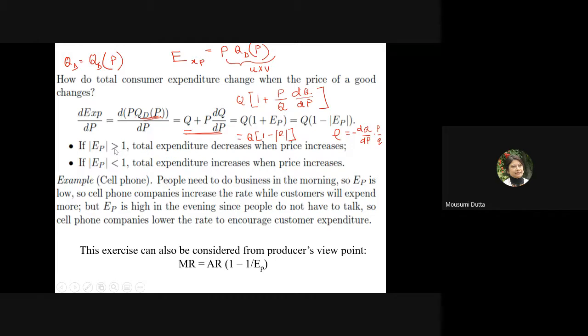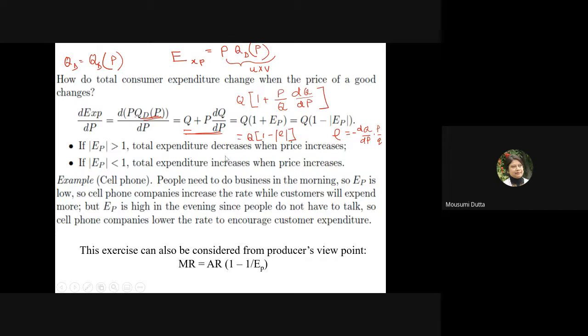If mod E is greater than 1, what will be the sign of this Q into 1 minus E? Negative. If the absolute value of the elasticity is greater than 1, dE by dP becomes negative.